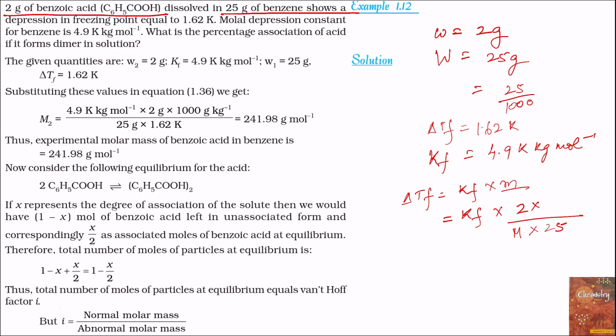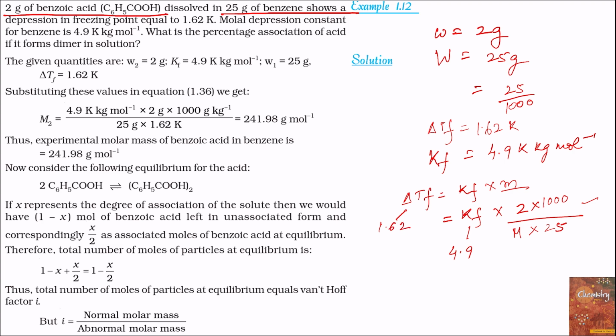To change the weight of solvent in kg, in the numerator, 25 divided by 1000, so in the numerator we have 1000, and so this is moles of solute divided by weight of solvent in kg. So this is the formula for molality. Value of Kf is given as 4.9 and value of delta Tf is 1.62.